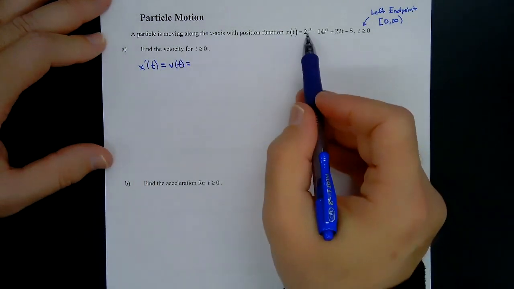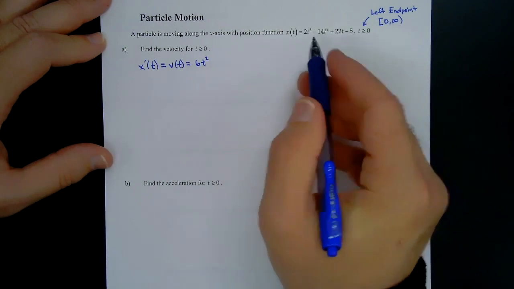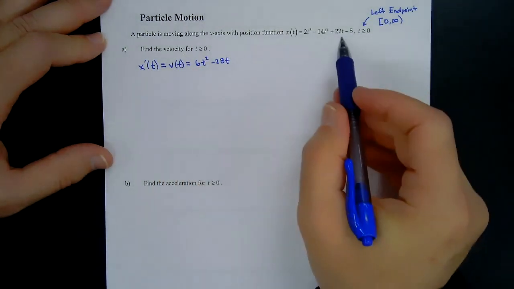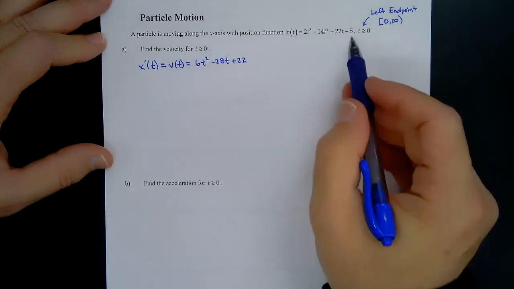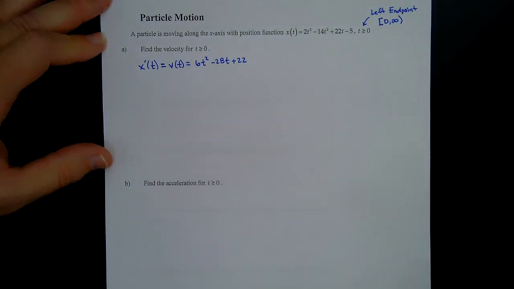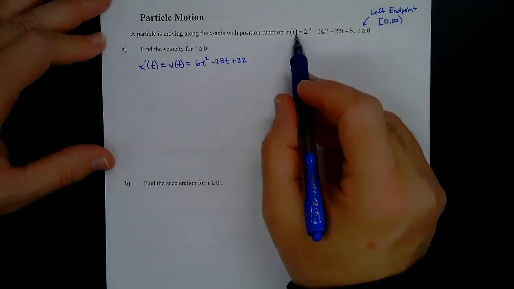So now we can do it. This would be 6t squared minus 28t plus 22, because the derivative of negative 5 is just 0. We found the velocity. Let's do the acceleration. Again, to find the acceleration, we have to refer back to this.